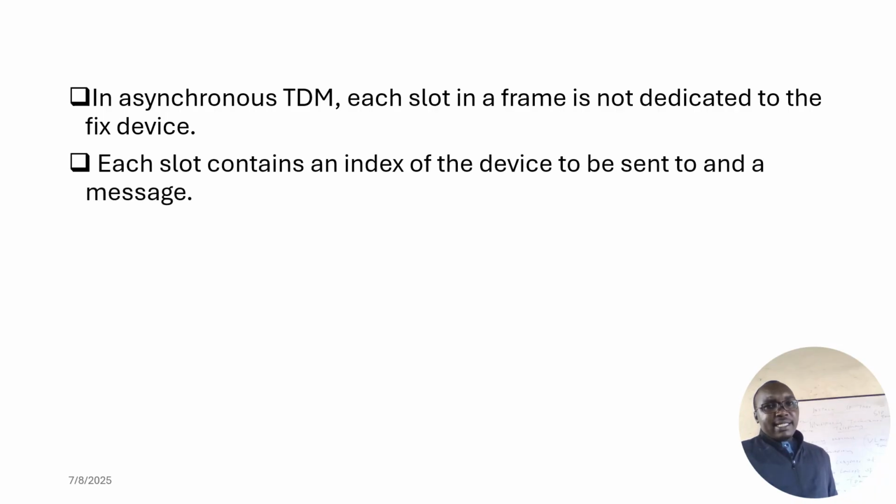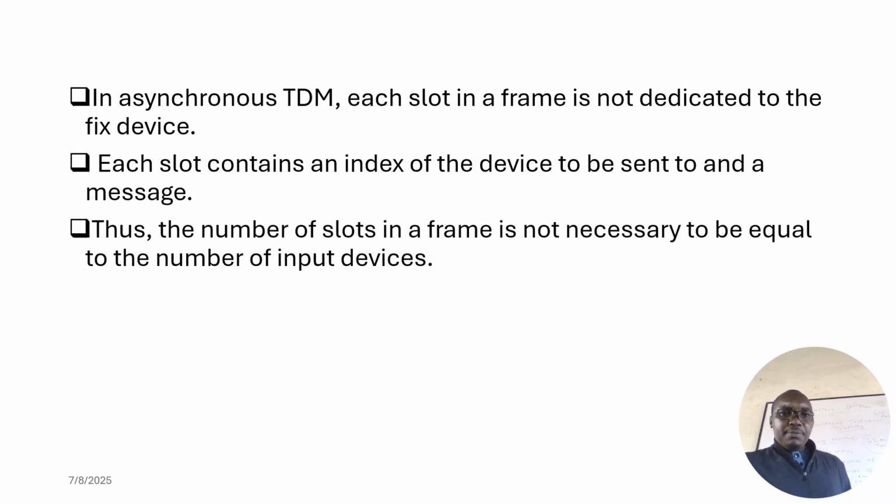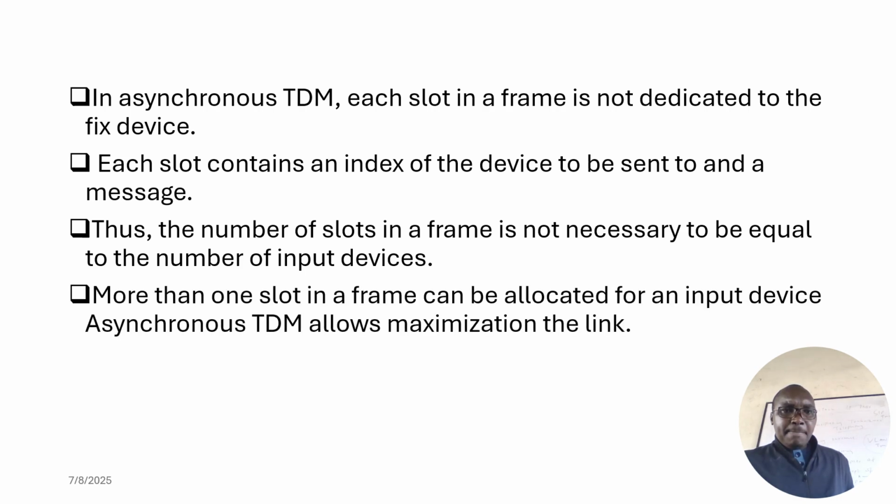In asynchronous TDM, each time slot is not dedicated to a fixed device. The other one is dedicated at all times, but this one is not. Each time slot contains an index of the device to be sent to and a message. Thus, the number of time slots in a frame is not necessarily equal to the number of input devices.